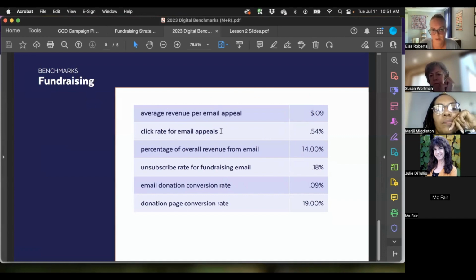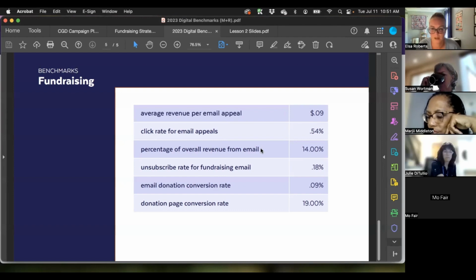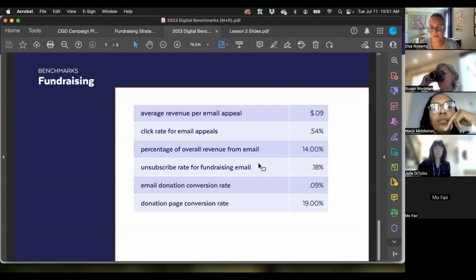The click rate for email appeals is 0.54%, and your percentage of overall revenue from email, that's revenue for your whole program, not just digital, is about 14% of nonprofits' revenue generated through email fundraising. The unsubscribe rate for fundraising email was 0.18%. And the email donation conversion rate is 0.09%.